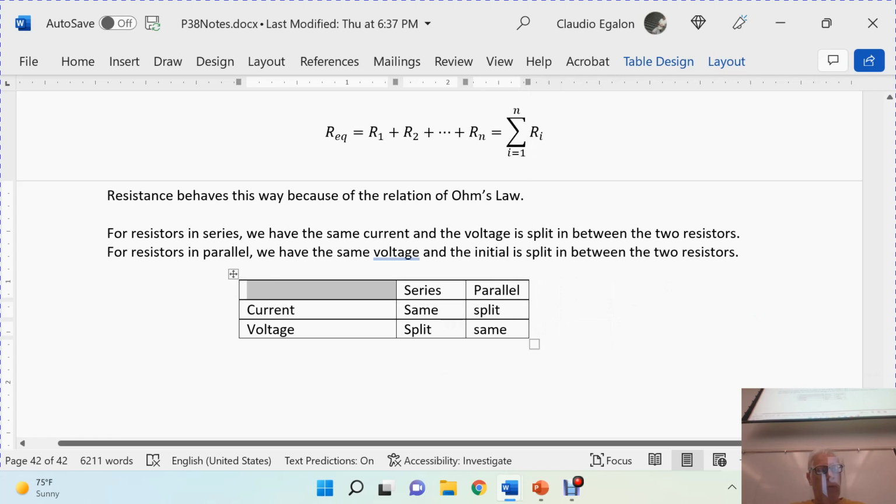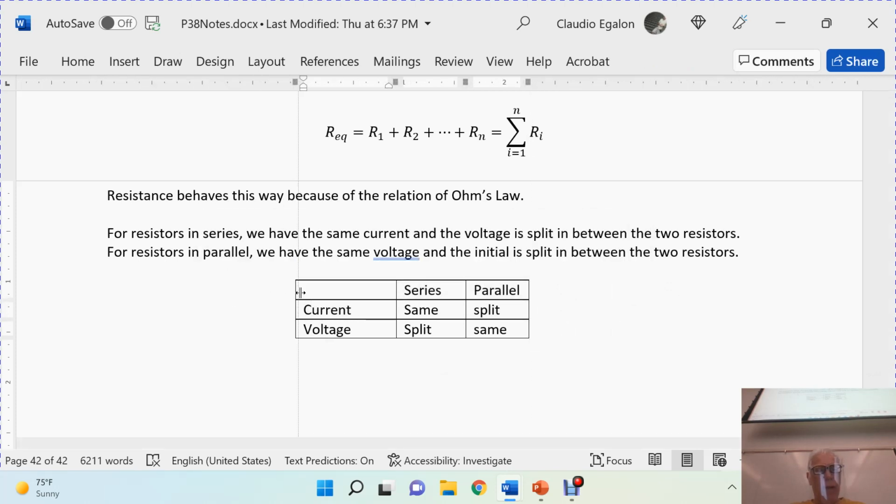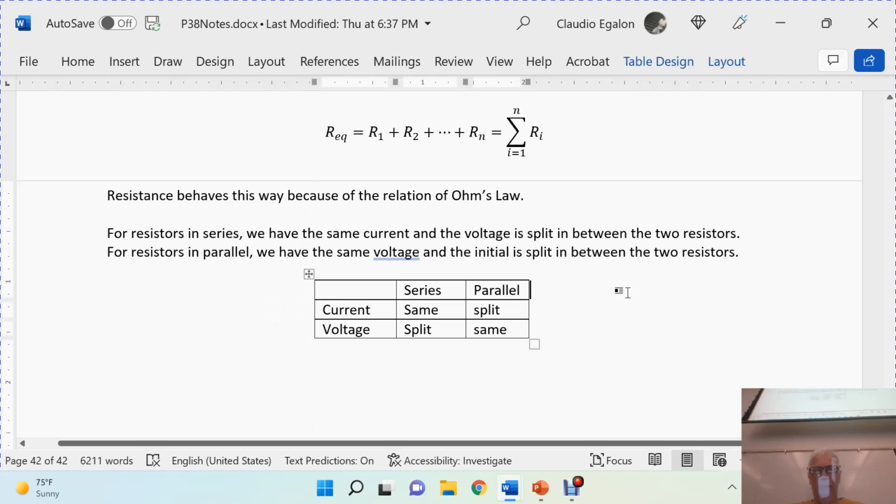Sometimes it can be difficult to adjust this thing. What a drag. Here you go, like that. Circuit, quantity. Here's the quantity. Circuits in series. Not circuits, resistors, right? For resistors in series, the current is the same. For resistors in parallel, the current is split. You can put it like that.